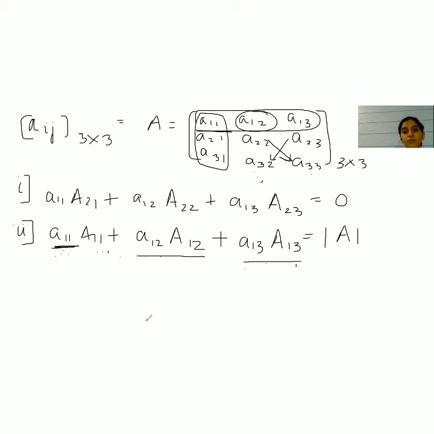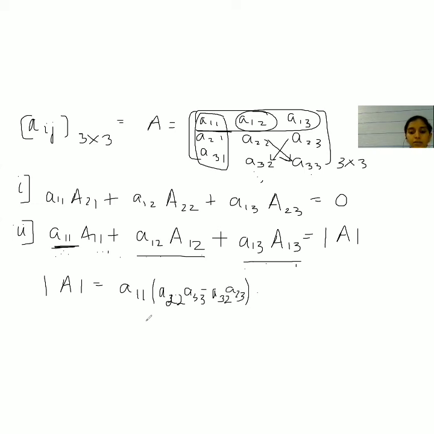How do we write the determinant? I will show you. The determinant is A11 multiplied by A22, A33, minus A32 and A23. This is how you write it.